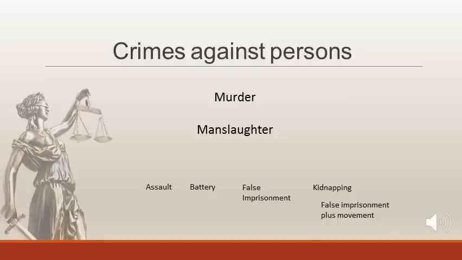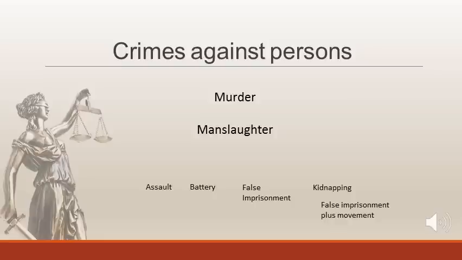So you have all the elements of false imprisonment, the unlawful confinement of another, but now you're moving them. So if you tied someone up, that would be confining them. But then if you put them in the trunk of the car and started to drive away, that would be kidnapping.